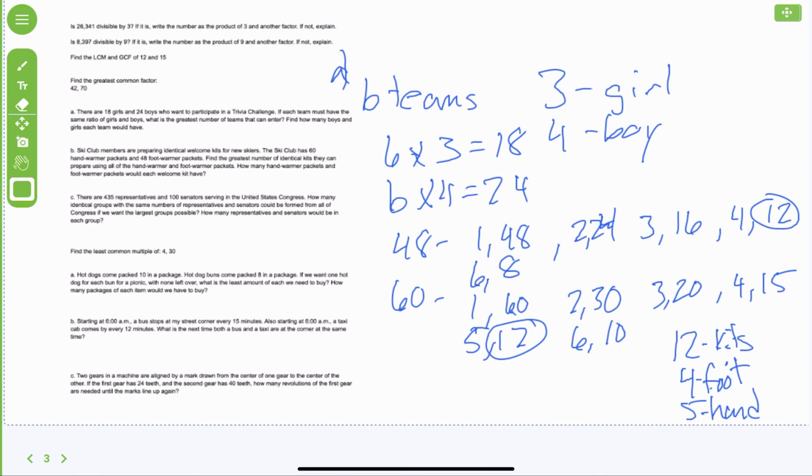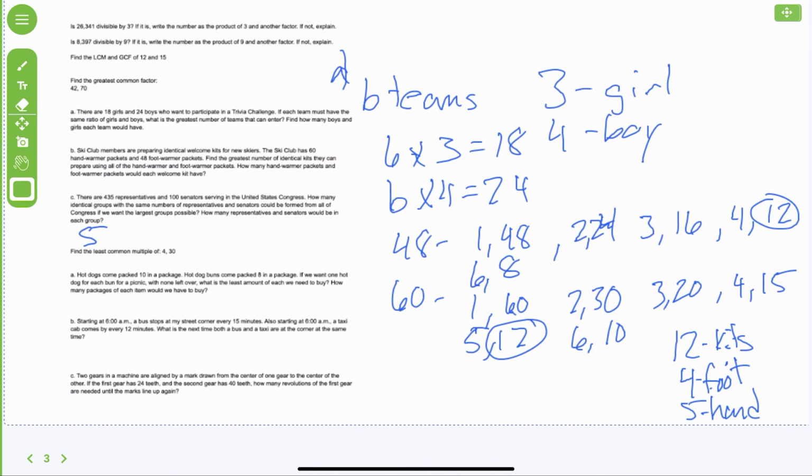All right, so what was the answer for C then? Right, but what's the answer for C? The answer is 5.